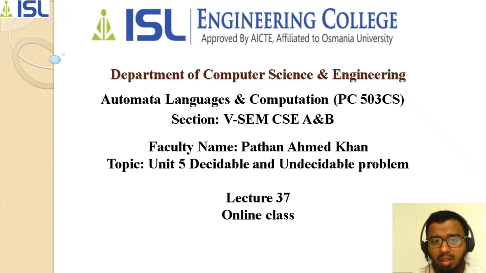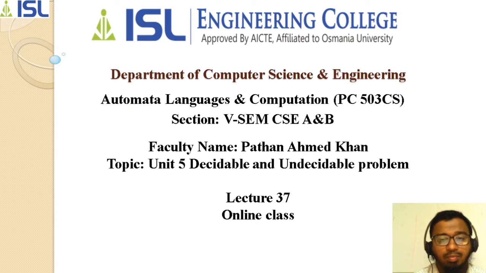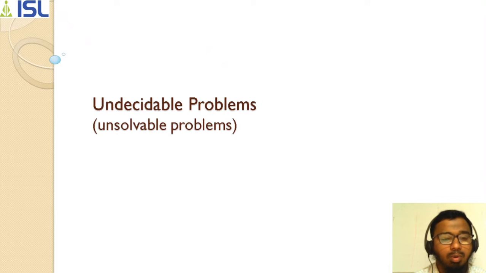In the same way, n number of ones followed by n number of zeros can also be solved. Okay, so let's see the undecidable. An undecidable problem is nothing but an unsolvable problem. In normal terms, we cannot solve that problem.